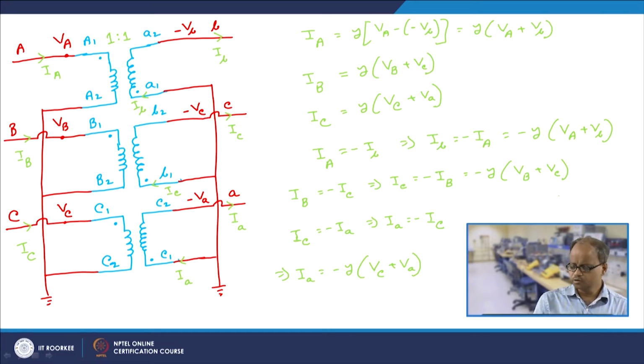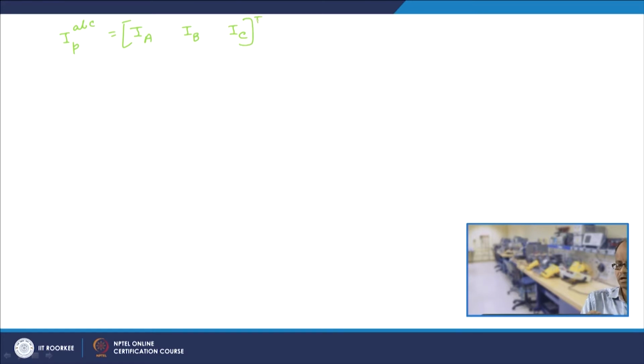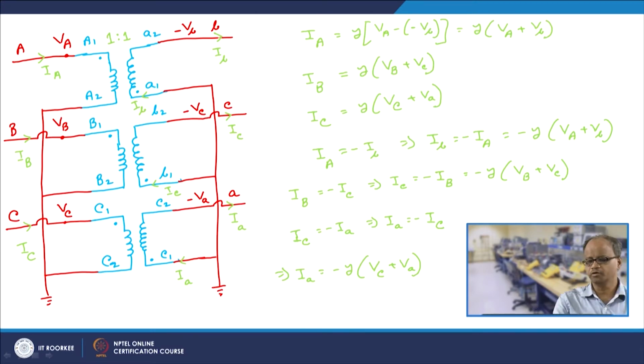Now, again as usual, our I primary ABC is nothing but I capital A, I capital B, I capital C transpose, and our I small ABC would be, please note, at these terminals these currents are outgoing.